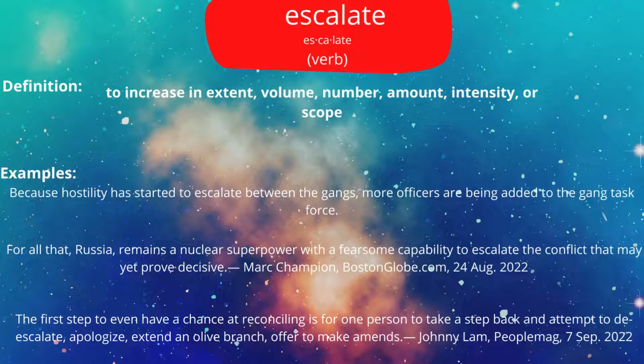And also interesting here, we have extend an olive branch. So we're not talking literally about someone holding up an olive branch from an olive tree. This means to basically concede, maybe. You're making the first move to apologize. So let's say it's mutual, you both did something wrong.